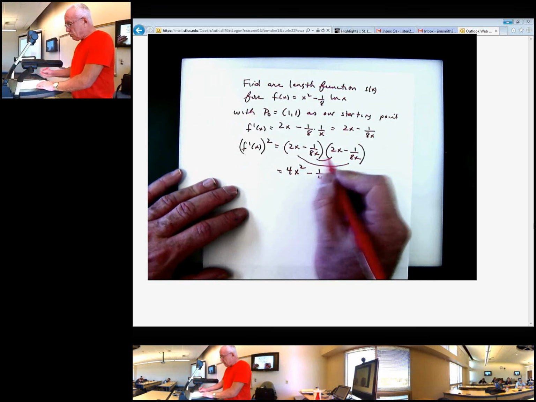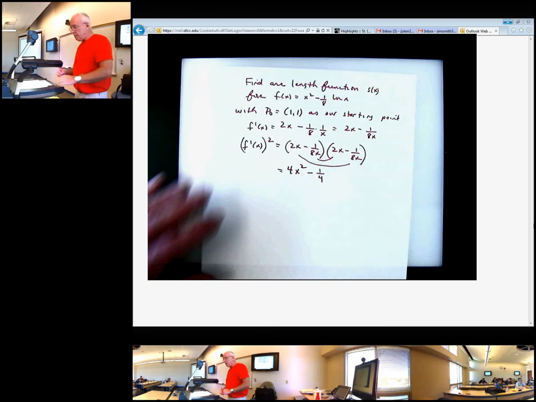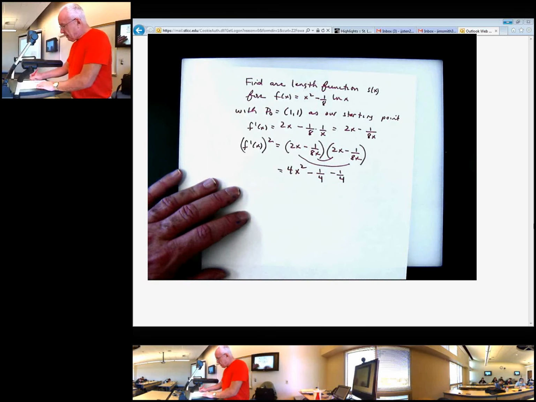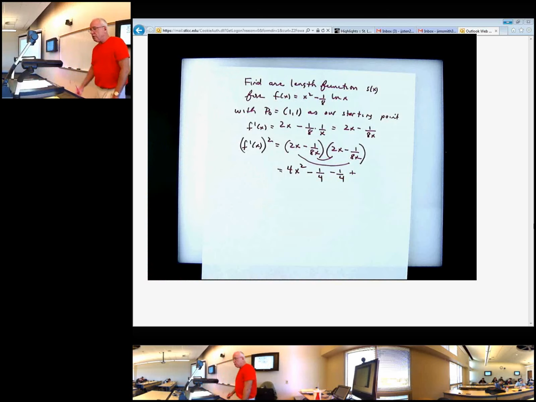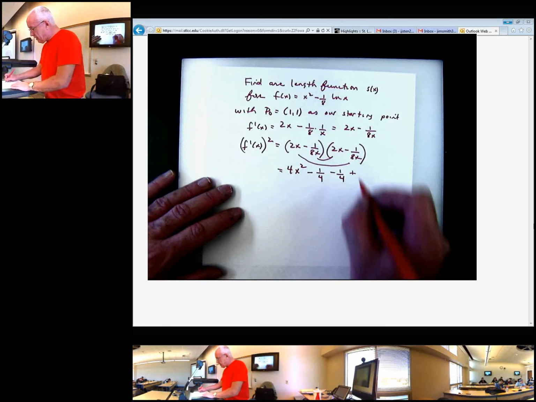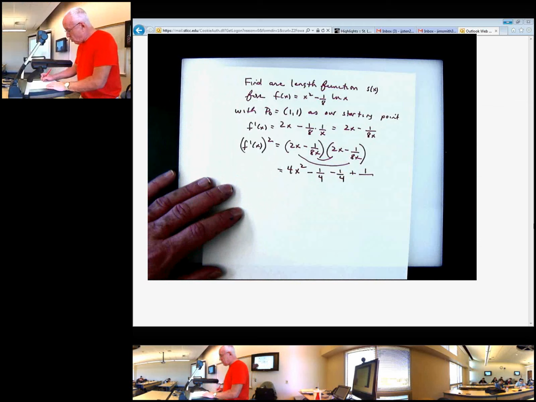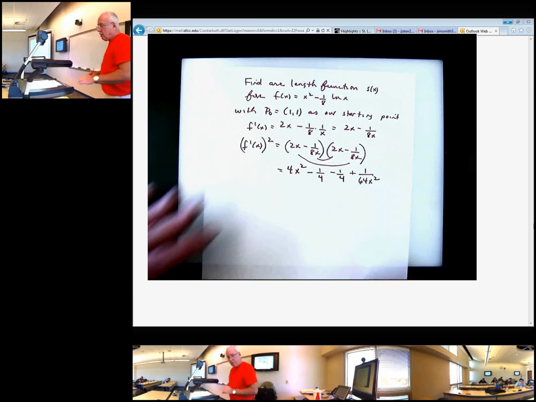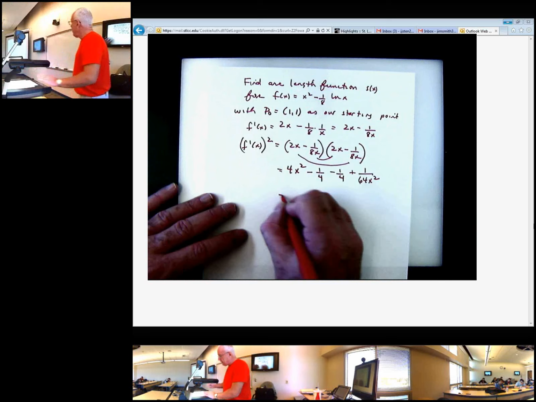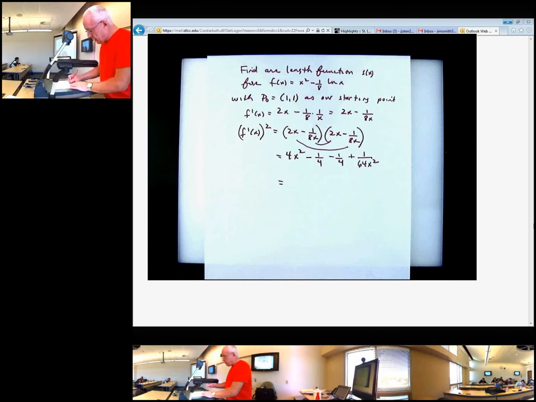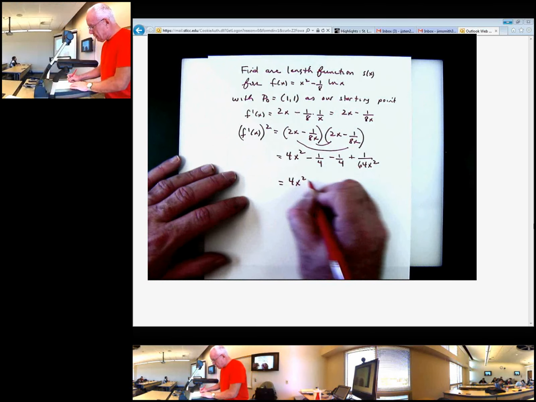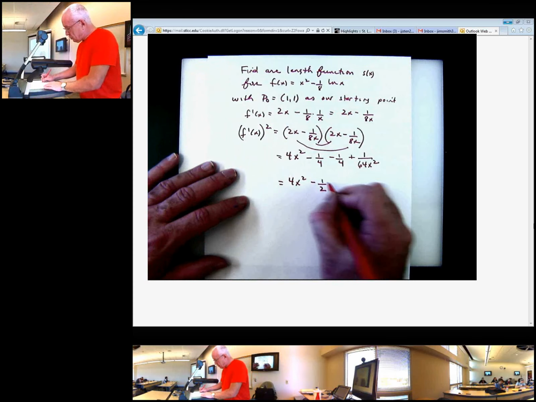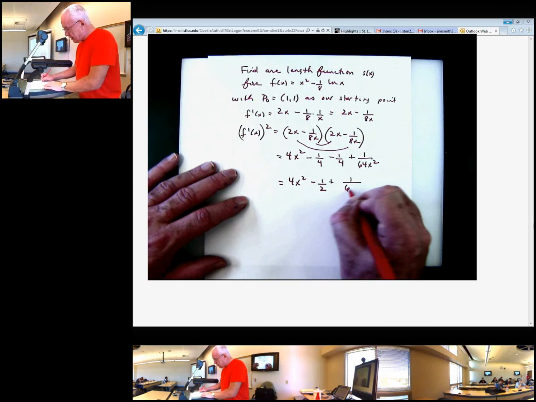The same thing with the two outer terms. When I multiply them together, I also get a minus 1/4. And then let's multiply the two last terms together, and I get a double negative gives me a positive 1/64x squared. So let's just combine the minus 1/4 here. So I get 4x squared minus 2/4, or minus 1/2, plus 1/64x squared.